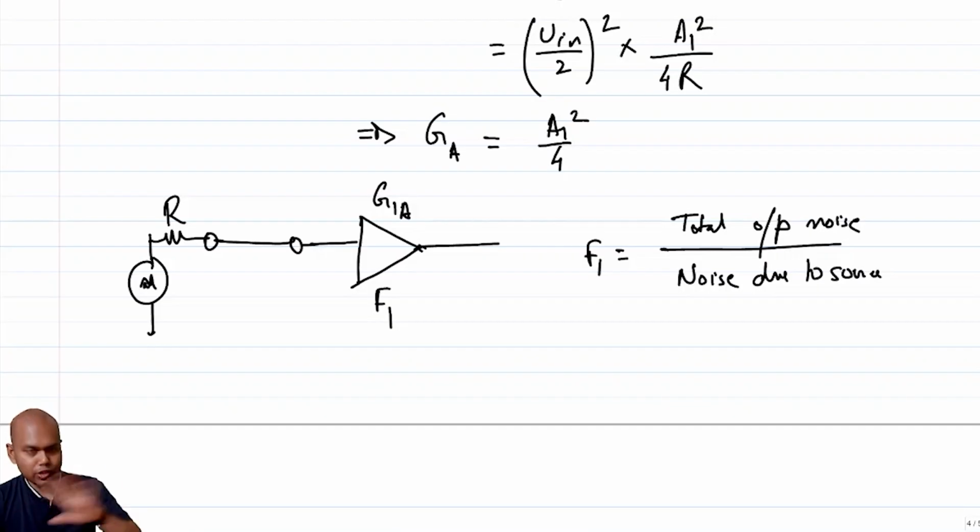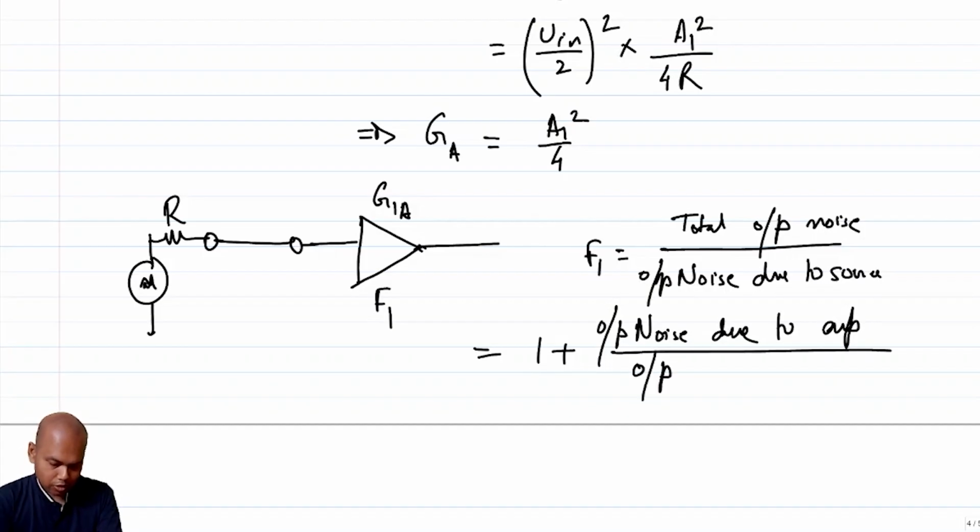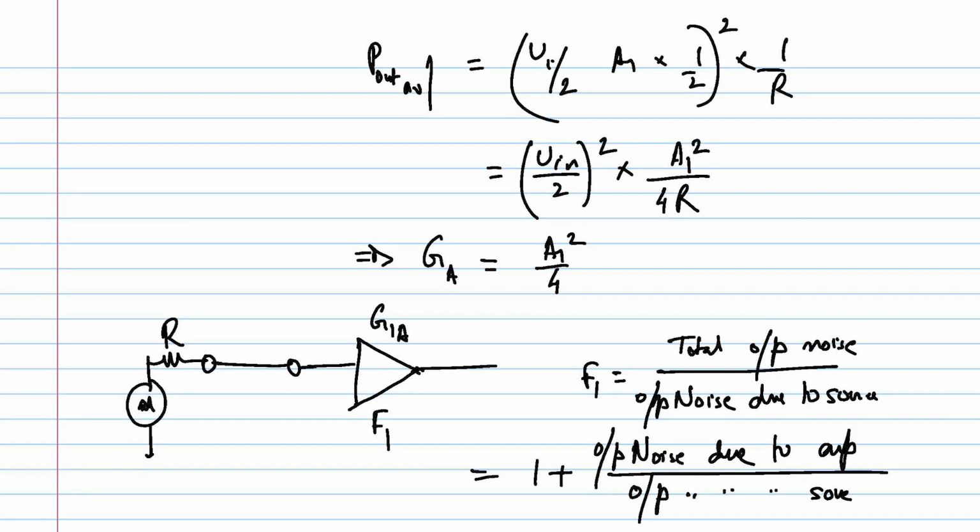Okay, and we have assumed everything is matched, so the source resistance is also R. So this is equal to, basically, total output noise is the noise due to source plus noise due to your amplifier, right? So it means 1 plus the output noise due to amp divided by the output noise due to source.